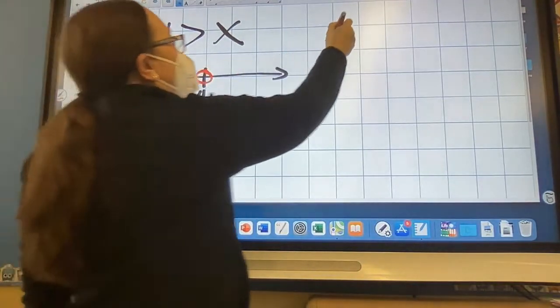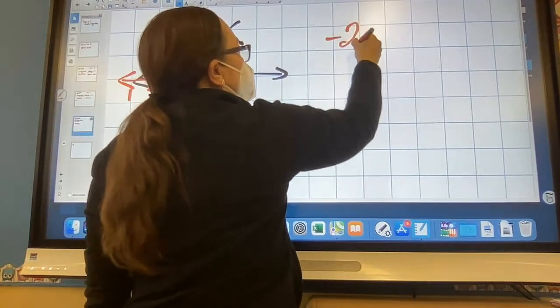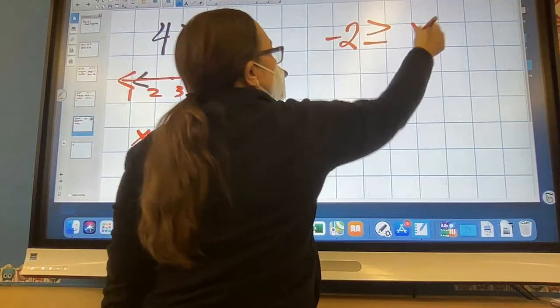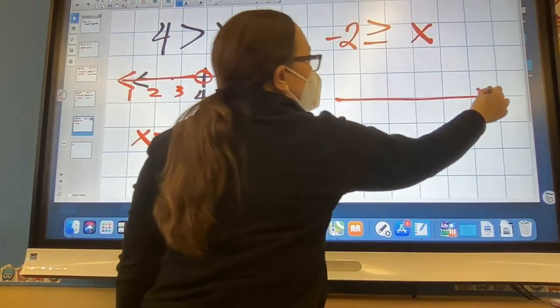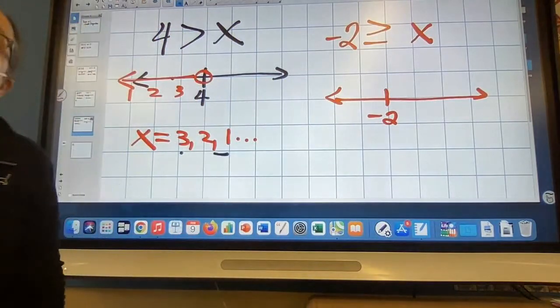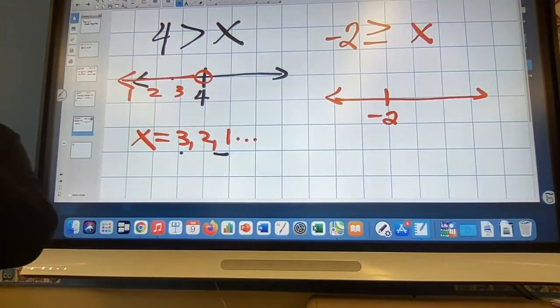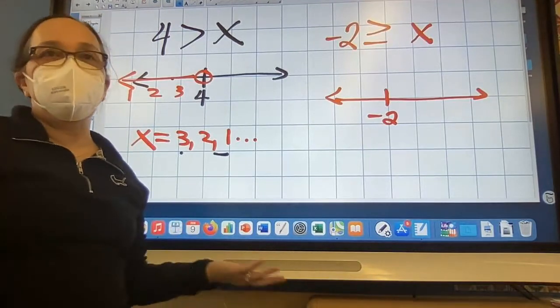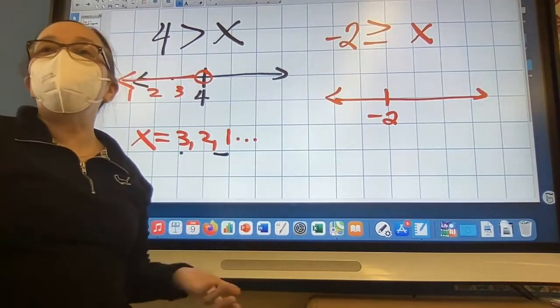So let's say we have negative 2 should be greater or equal to x. So again, we're still going to start with negative 2. Our problem right now is where is our graph going and how will you know the possible solution? Let's understand and read.